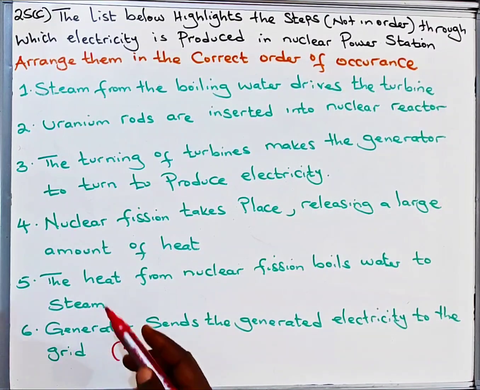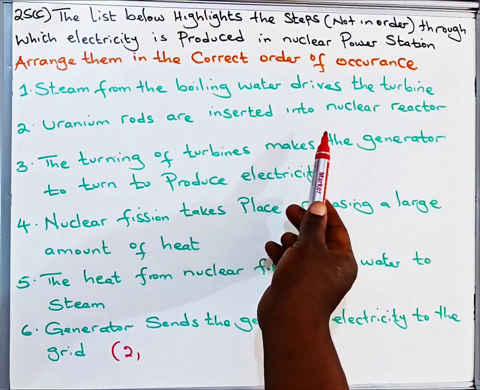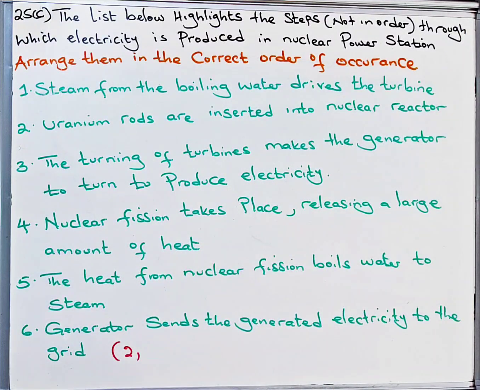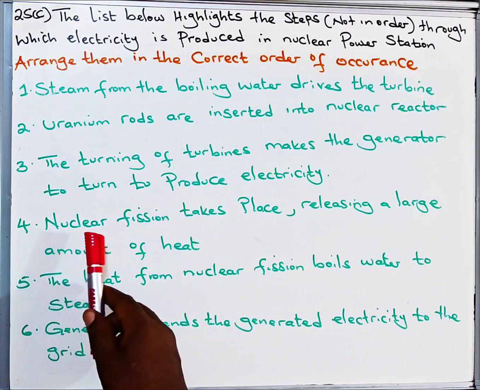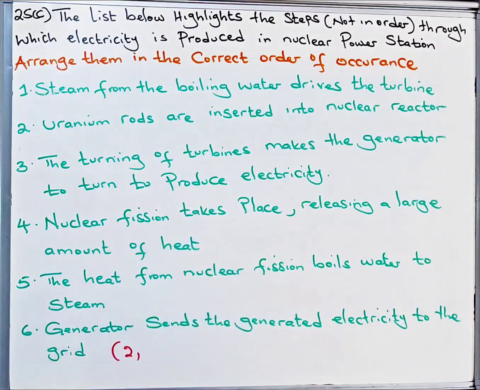It is 2. Uranium rods are inserted into the nuclear reactor. That's the initial stage. So what's the next step? It is here, number 4. Nuclear fission takes place.